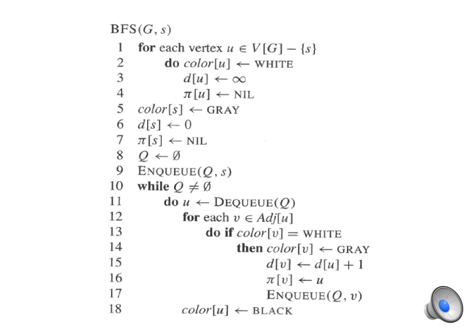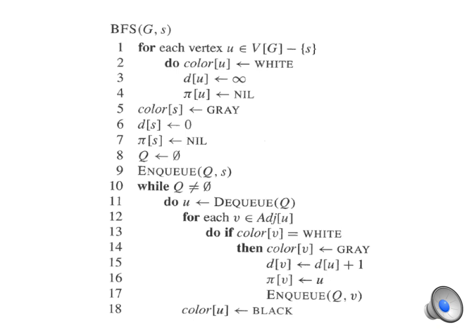The first part of the algorithm is initializing every node inside the graph: for each vertex u belonging to V of G minus S. Now S is the source and u are all the vertices other than the source.